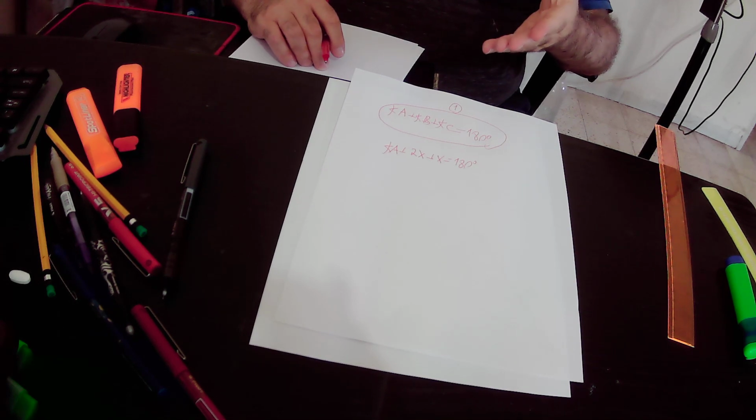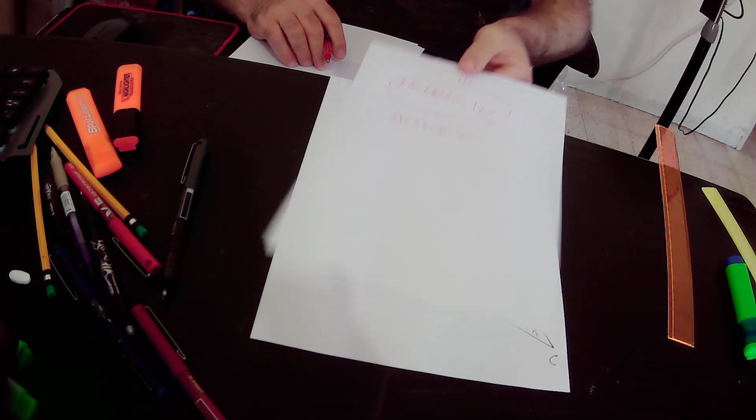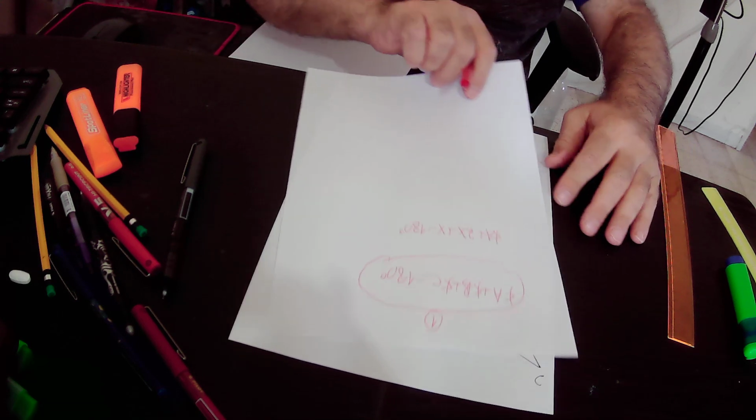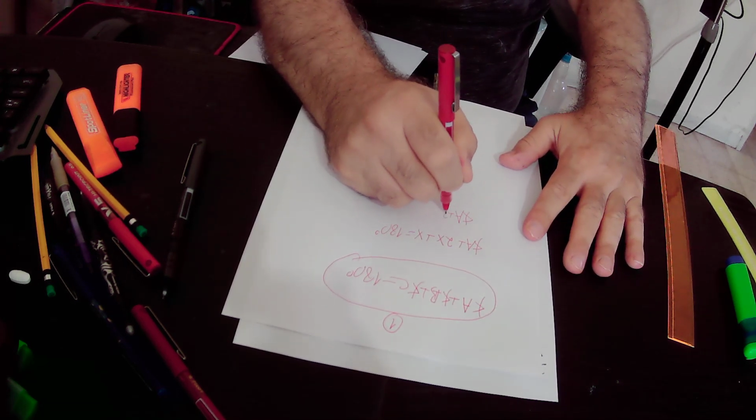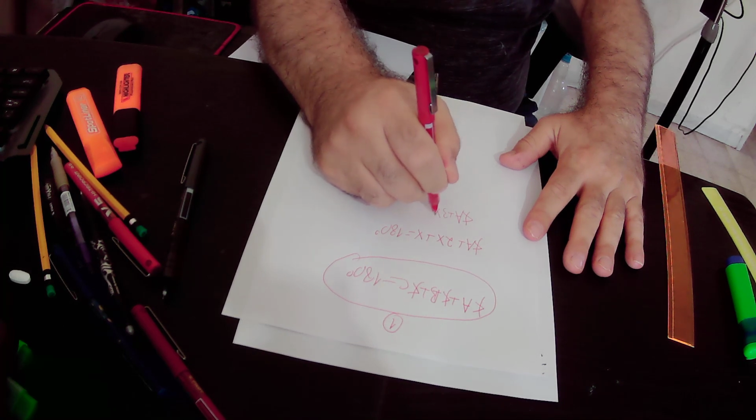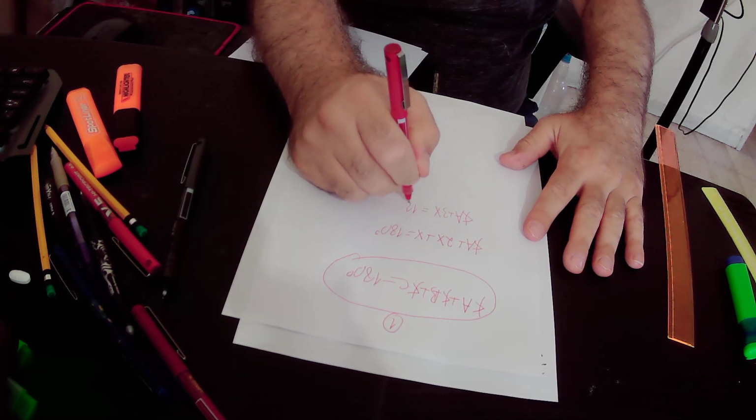2x plus x is 3x. So I write it down. We got that angle A plus 3x equals 180 degrees.